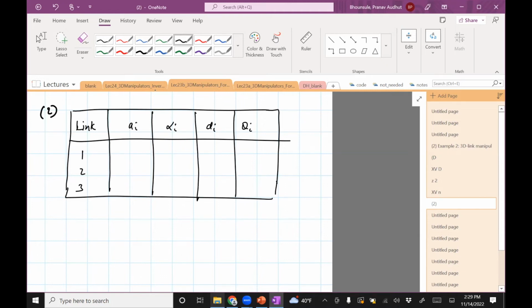You can just copy and paste from previous pages. 0, 0, L1, theta 1, the minus sign, 0. And this one I said it could be 270 or minus 90, both are fine. D2, 0, 0, 0, D3, 0.